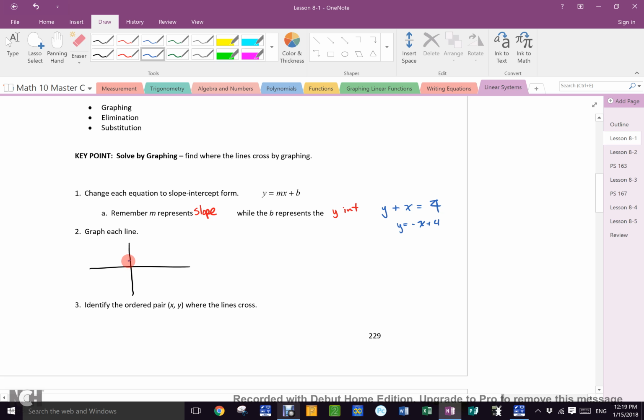I would go up to 1, 2, 3, 4. And the slope is negative 1. So I would go out 1, 2, 3, 4, out to negative 4. And there's my line, yes? And I know that every dot on that line will work in that equation, don't I? I know that from grade 9, yes? Everybody cool? All right.